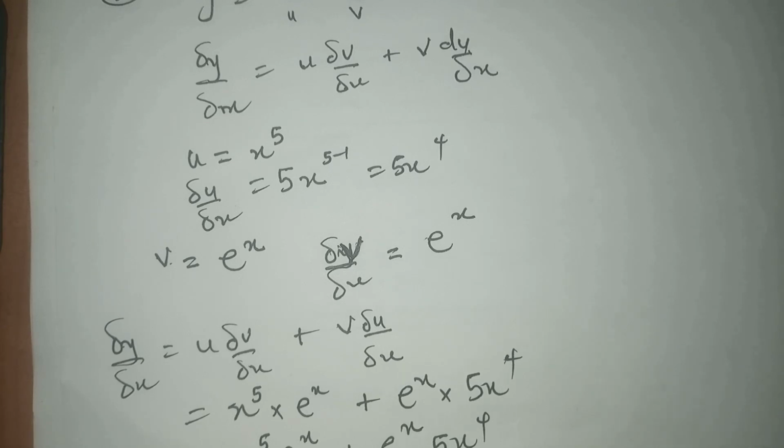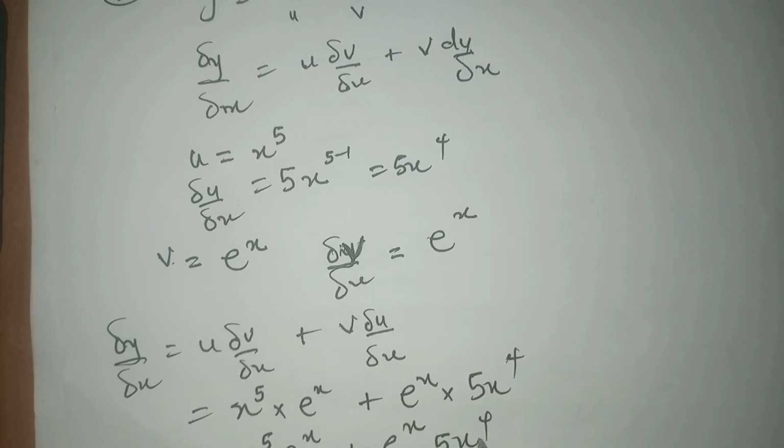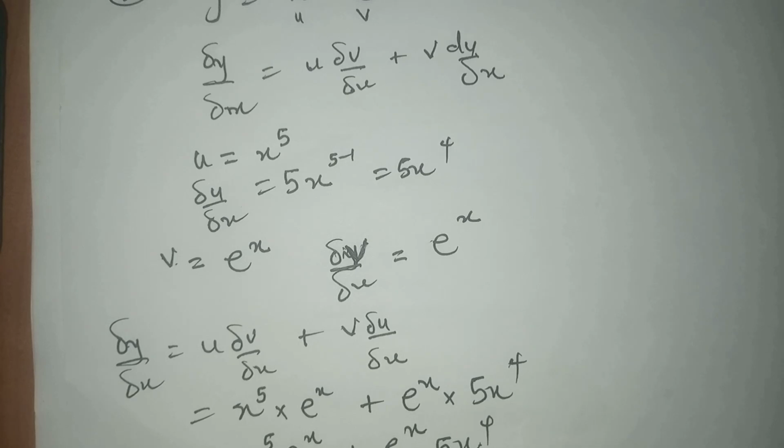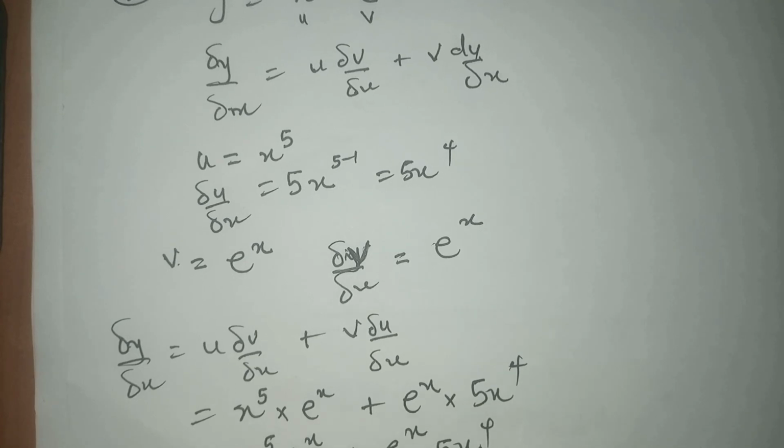You can as well factorize this. What's common here? x raised to power 4 is common, so we have x left here, and e raised to power x is also common, so we have x plus 5. All right, so that is the answer.